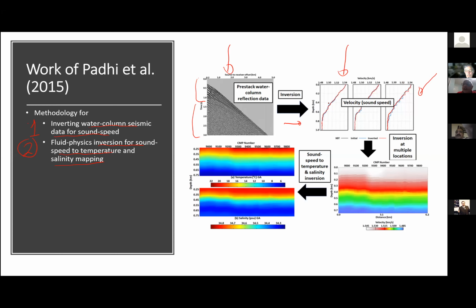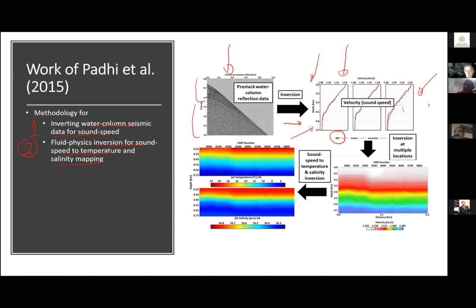He started with 3 different initial models and they all converged to the true sound speeds measured by the expendable bathythermograph. It is like an XBT measurement, like a well log. From temperature you convert to the sound speed, so it's like a true model and he found that it is matching very well.